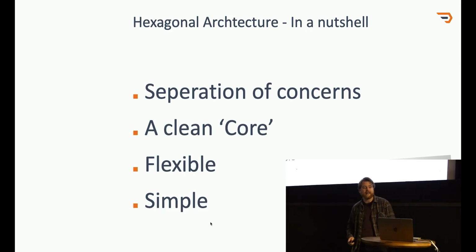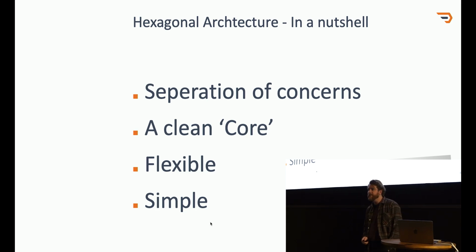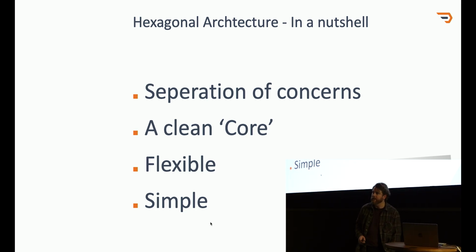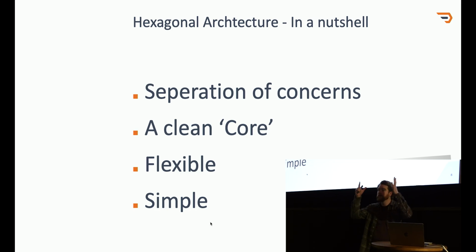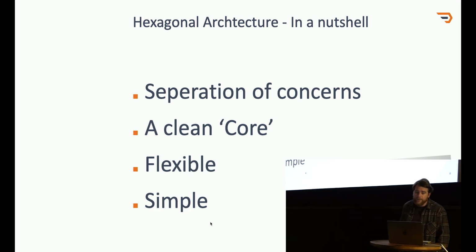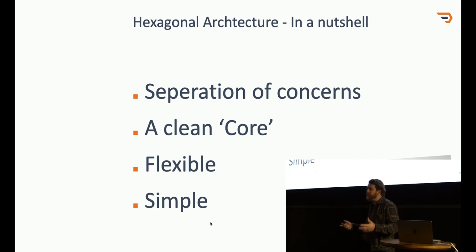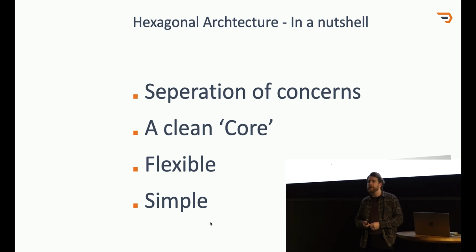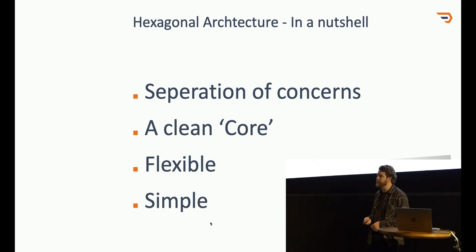So, hexagonal architecture in a nutshell is about separation of concerns, which means that each part of your code only does one important main thing. It doesn't mean your code does one really small thing. It has one concern. A clean core, and by a core I mean the code you actually really care about, the code that models your business process, the stuff you actually want to automate.